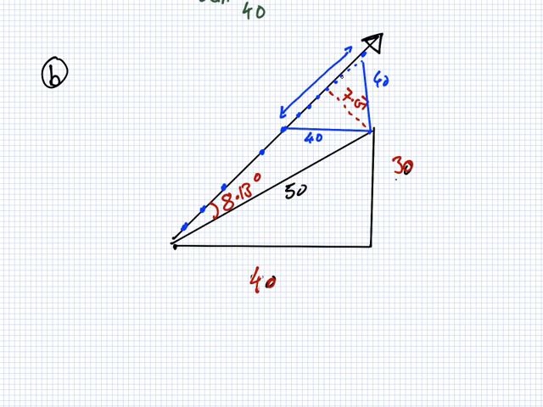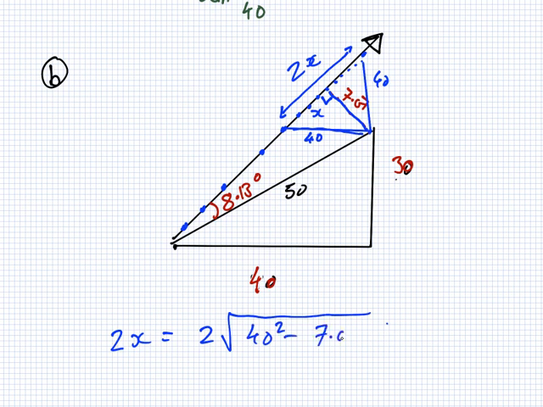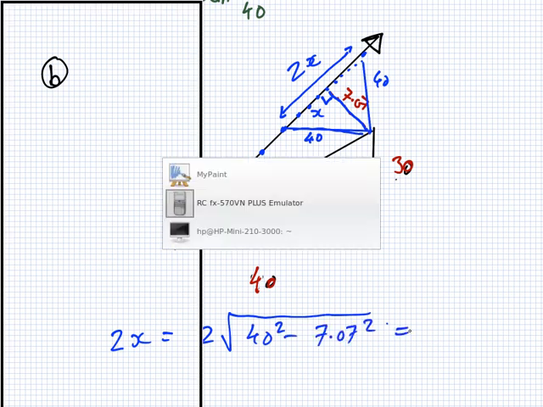Well, if you look at it, this is 90. This you know. This you know. So we can get this side just using Pythagoras. So this distance is 2x. So 2x is the answer. And that would equal 2 square root of 40 squared minus 7.07 squared.